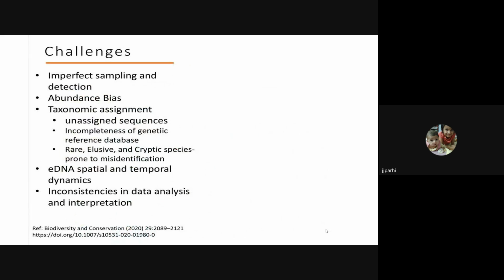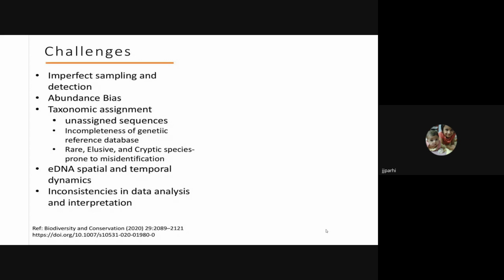So what are the challenges? As it has many benefits, there are also many challenges. While collecting the sample, there is a possibility that we are not collecting it perfectly, there are chances of contamination, and the detection method may not be proper.